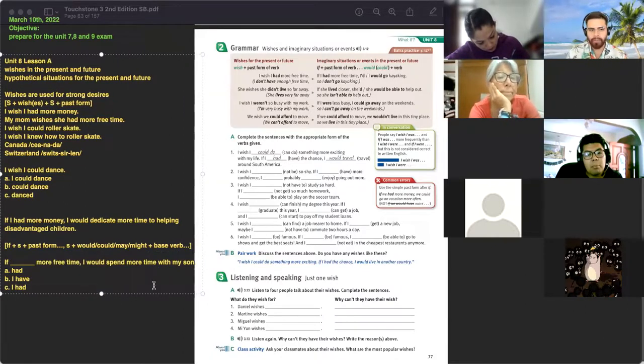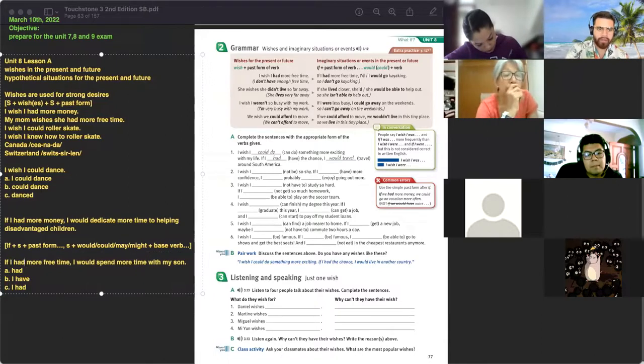What is the correct answer? Letter C. Yes. Letter C. Good. If I had more free time, I would spend more time with my son.